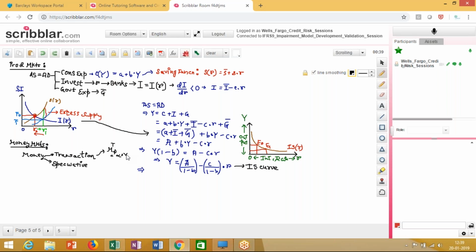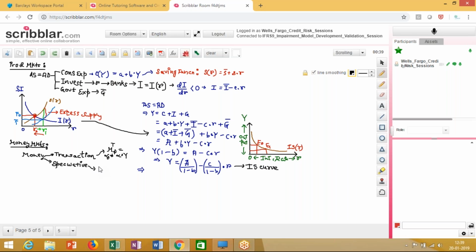So if my income is zero, I'll still have some kind of demand, which I'll say is alpha 0. Alpha 0 plus alpha 1 y.